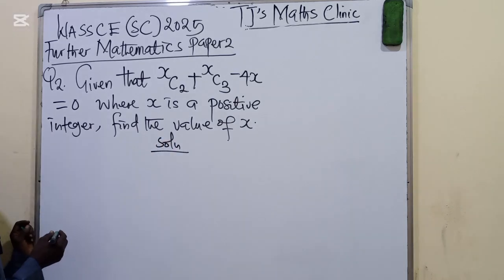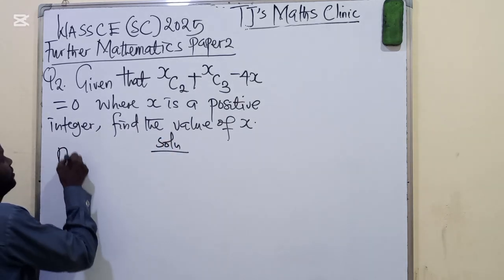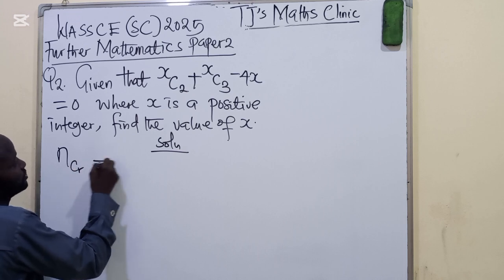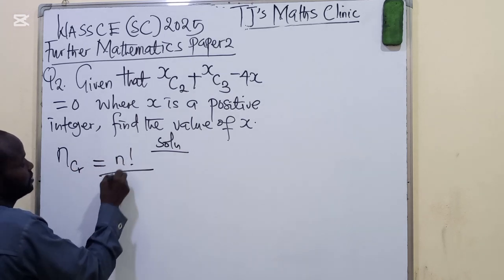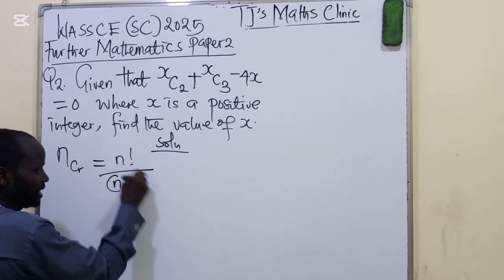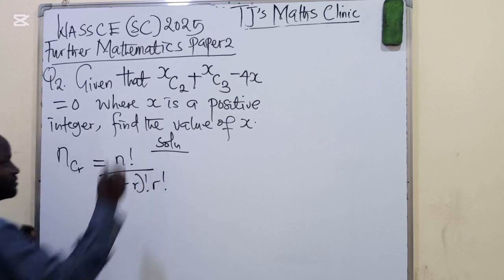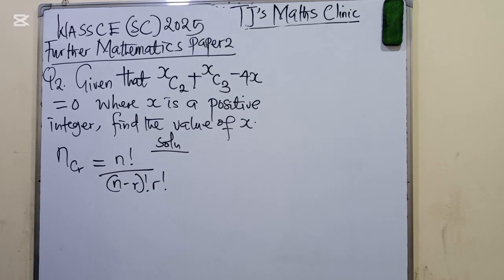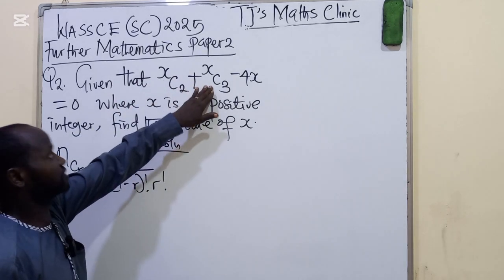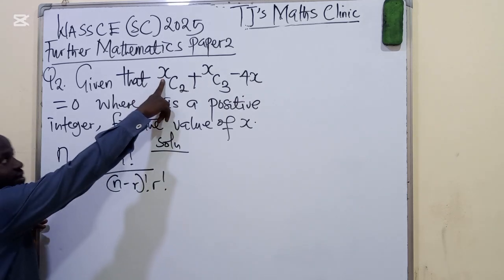The general formula for combination is given as n combination r, which is the same as n factorial divided by n minus r all factorial, times r factorial. So this is the general formula we're going to apply to each term. In this case, our x is n.